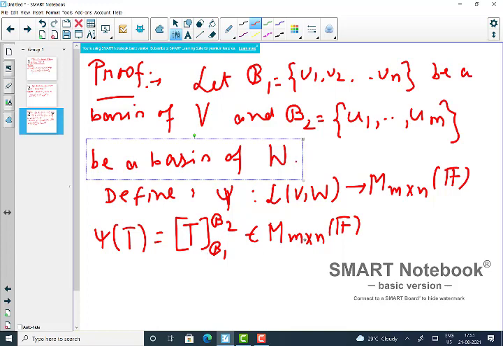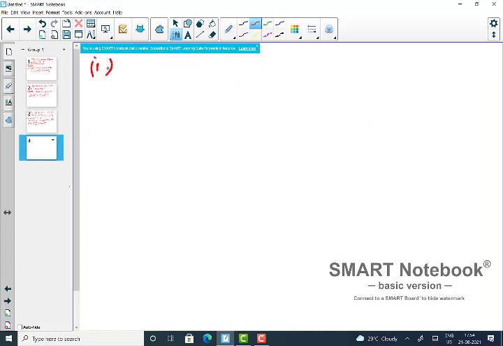And this map is obviously a linear map. You can check that.